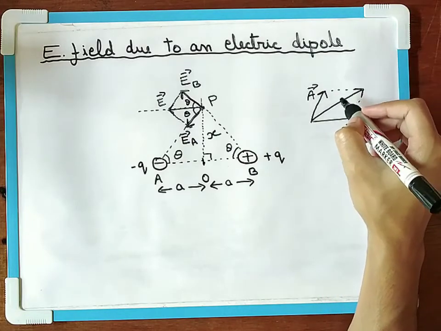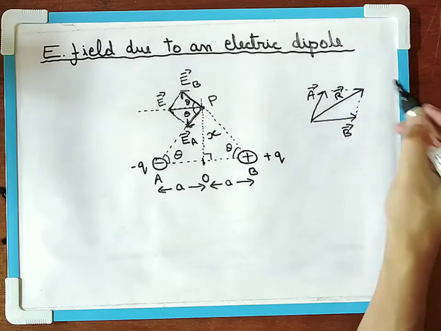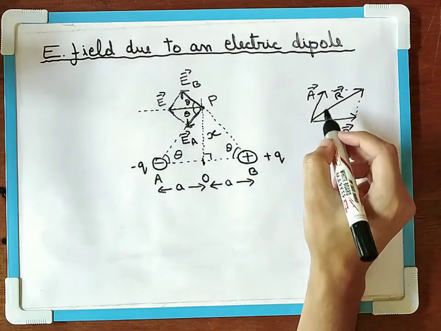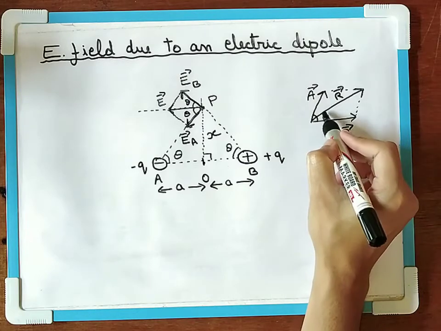So this is the resultant vector. Now the magnitude of this resultant can be found out.